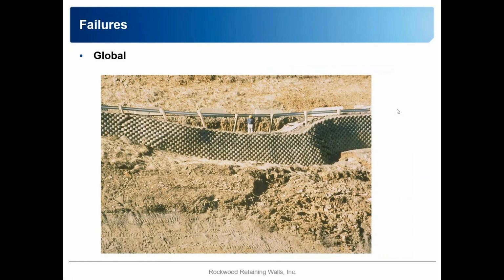I mentioned walls built on slopes and failures. So what happens in a slope situation like this, we have a fairly steep toe slope, probably a 2-to-1 or a 3-to-1 toe slope out in front.